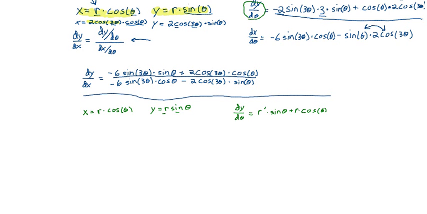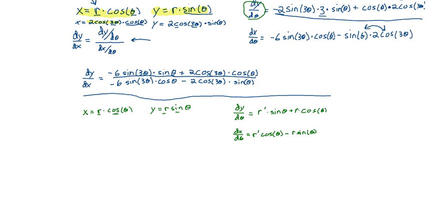Alright, now dx d theta. It's again going to be a product rule, first and the second, so it will be r prime cosine theta. And then the derivative of the second, the derivative of cosine is going to be negative, so this is going to be minus sine of theta. But of course we have to multiply by the first, which is r again.